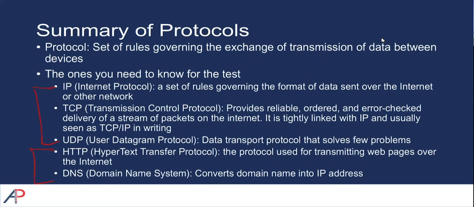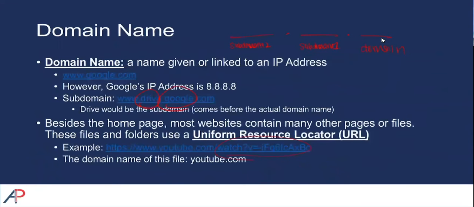You normally input a URL. A URL has different components to it. We have the big thing right here, the domain name, and within the domain name there could be different subdomains. But regardless, if you're looking for a very specific web page, that is your URL.